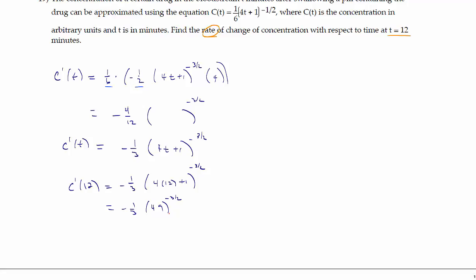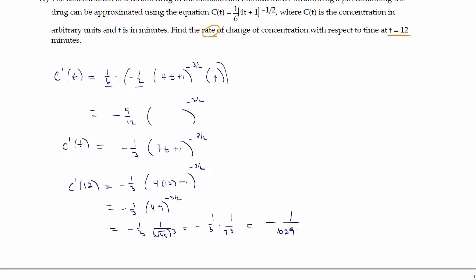Remember that the negative means you're taking it in the denominator, and then the fraction exponent, I've got the square root of 49. And like I said, that's going to be cubed. So I've got a negative 1/3 times 1 over 7 cubed. And this will give me a negative 1 over 1029.